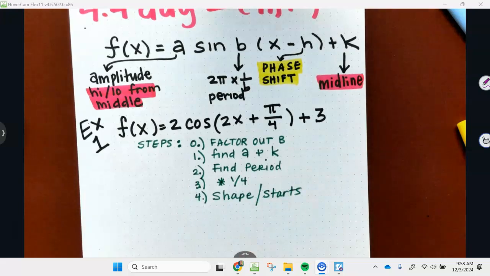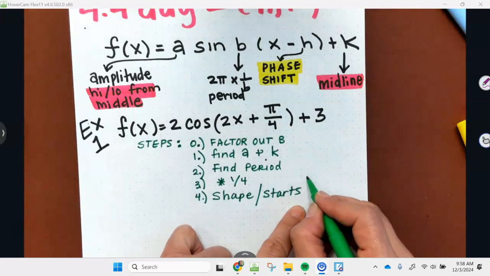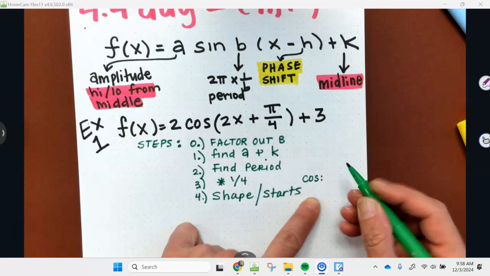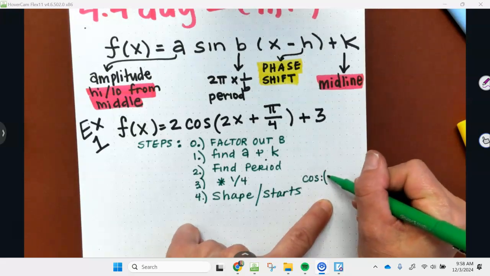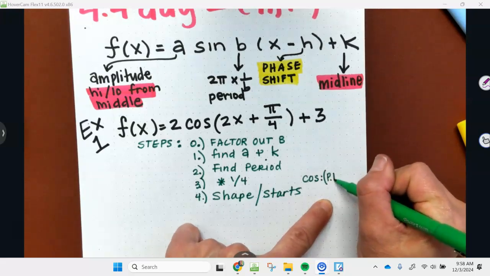Now listen, I'm going to give you a little formula for where it starts, but if you draw the shape, you're going to know where it starts anyway. So here's your little formula for cosine. Cosine always starts at the phase shift.